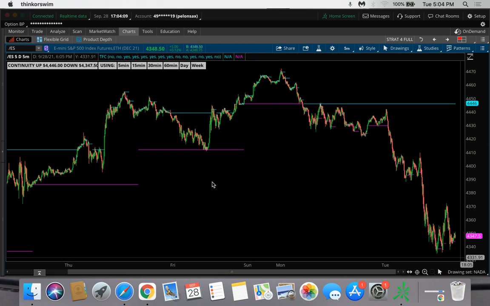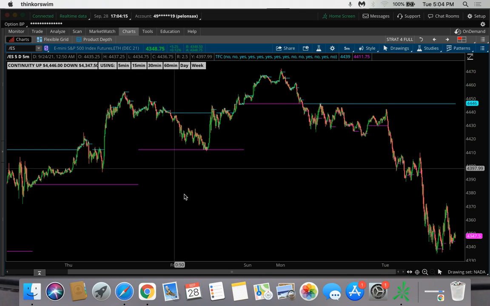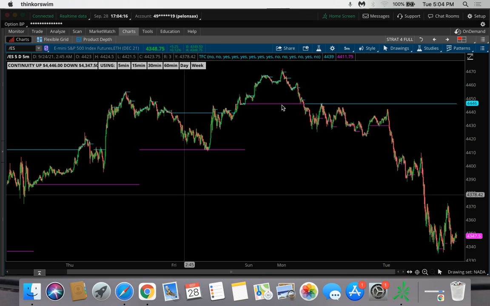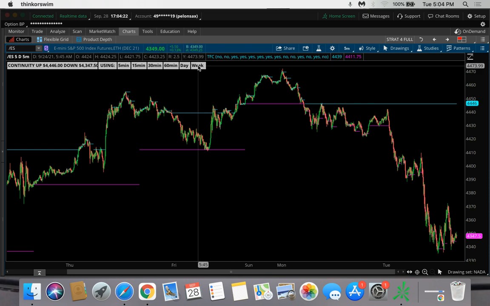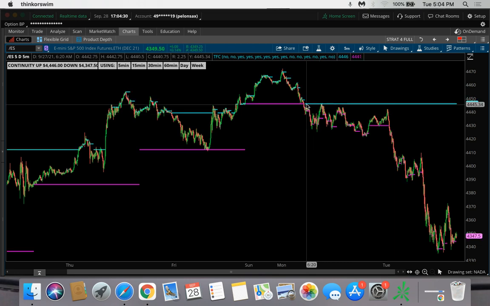You'll notice that now you've got these lines that are much larger that go all the way across the screen, spanning several days at a time because we're going all the way up to the week. What these lines are is the beginning of time frame continuity in each direction, and they represent the open of some time frame.